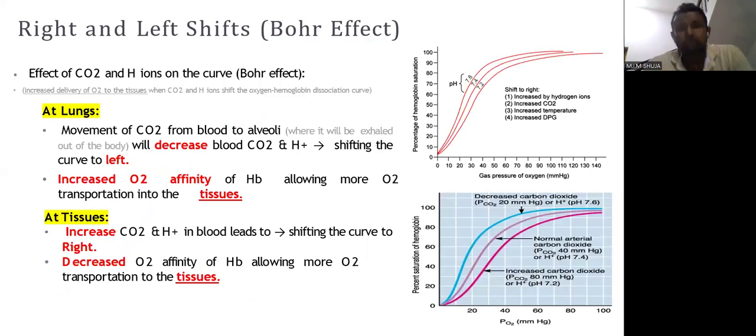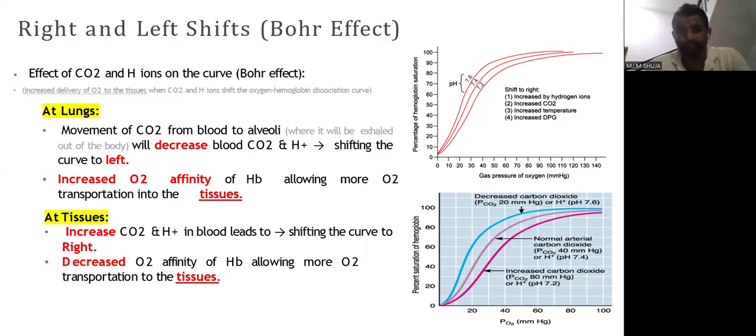So this is what I have explained earlier. At the lung level, carbon dioxide moves from blood to the alveoli. So at the pulmonary capillary, there's a decreased carbon dioxide. So the curve is shifted to the left. Hemoglobin has more affinity for oxygen, so it catches oxygen.